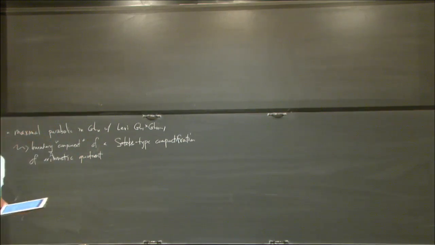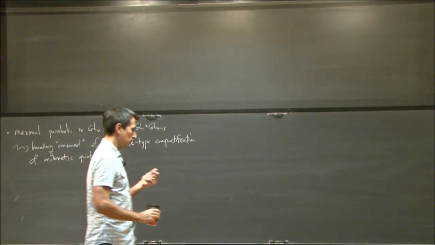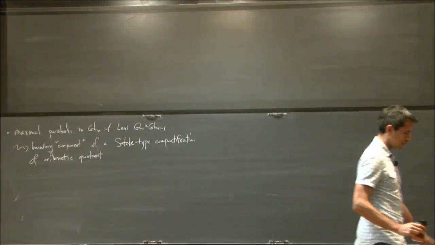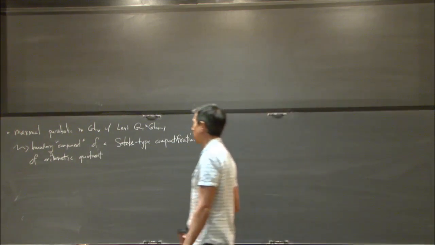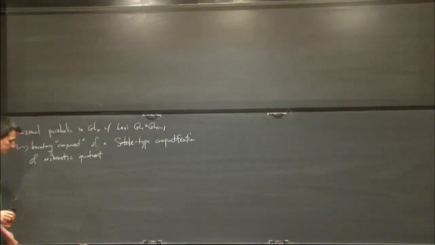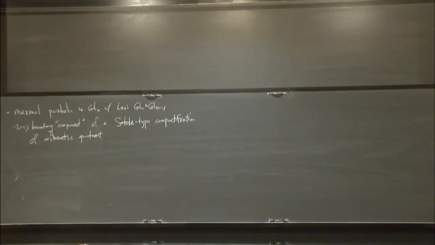Well, there are many Satake compactifications in the number field setting of your locally symmetric space. Which one you want for modular symbols is a good question, but generally you want the boundary to be fairly small.